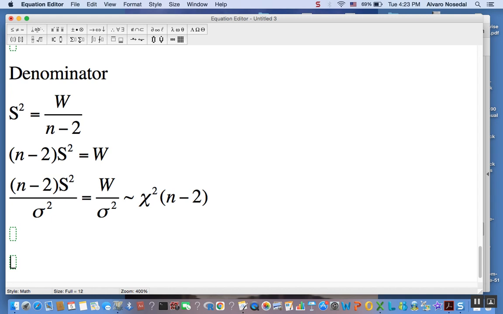So it makes sense that our denominator will be this quantity divided by its own degrees of freedom, and then the square root of that.